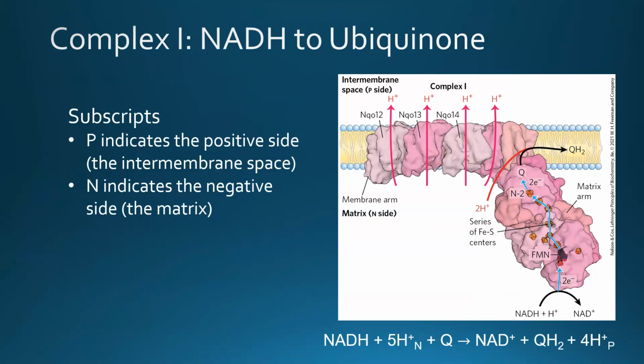There is something called the Q cycle, which is how the coenzyme Q goes back and forth between the reduced and oxidized forms.